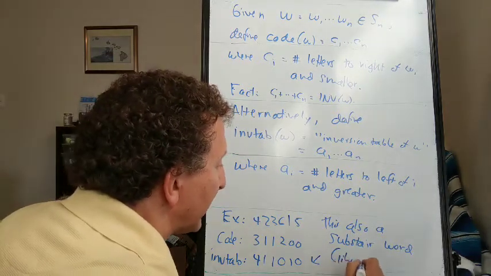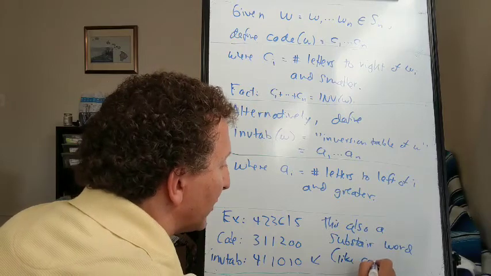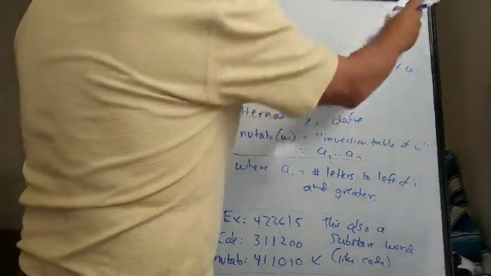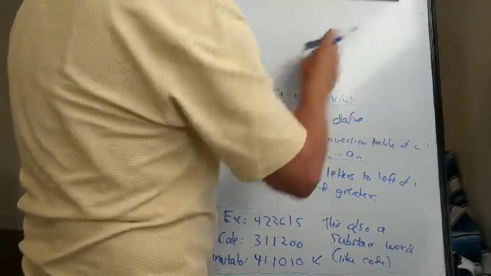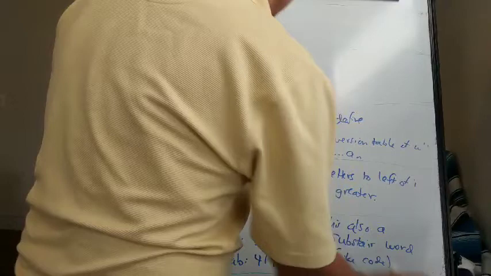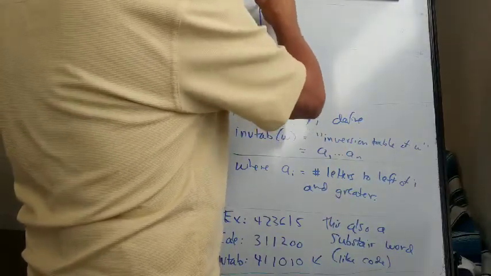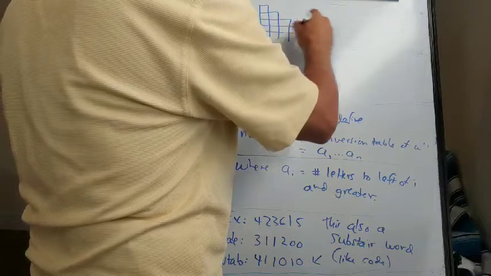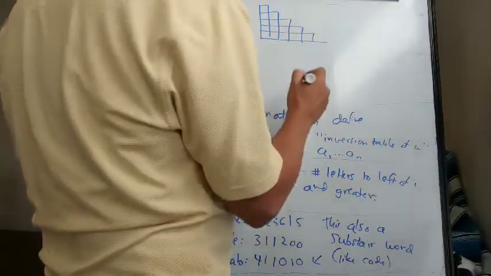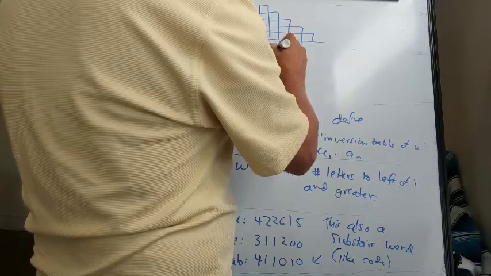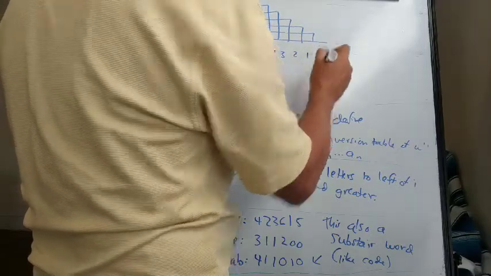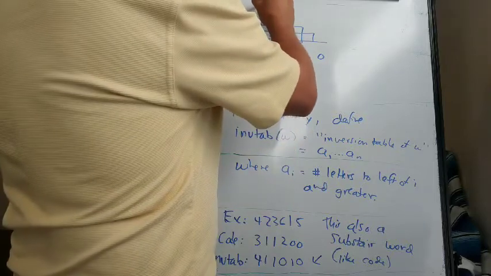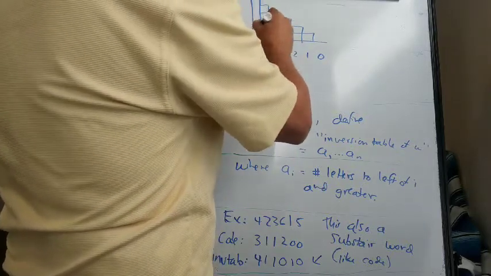So this has that same property as the code. And I call it a substair word because I imagine this sitting underneath a staircase. So 5, 4, 3, 2, 1, 0. Let's make this staircase that goes up to 6.